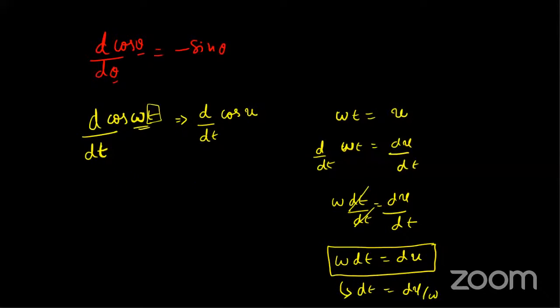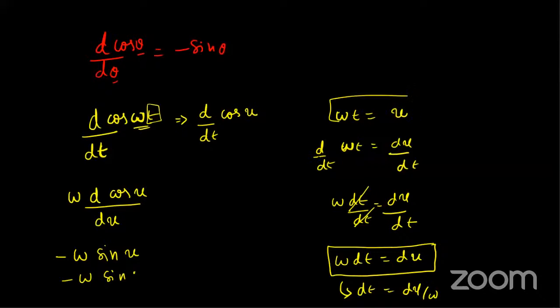So d cos u stays in the numerator, and in the denominator dt is replaced by du by omega. Omega comes upside. What is d cos u by du? It is minus sin u, and u is omega t. I hope you can do this very quickly in the simplest form. You can do it however you need to. So this is the differentiation you get.